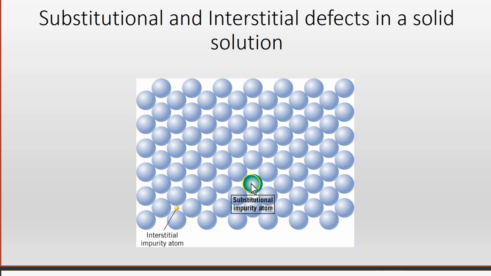And here we discussed before the difference between a substitutional impurity atom and an interstitial impurity atom. You can see that the likelihood of an impurity being located at a substitutional site or an interstitial site will depend on its size.